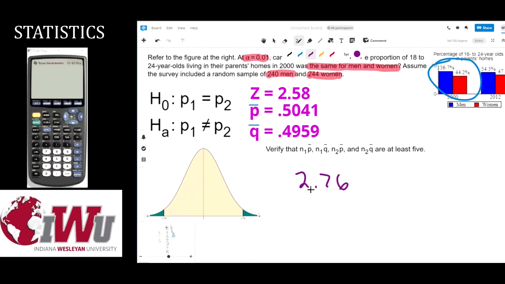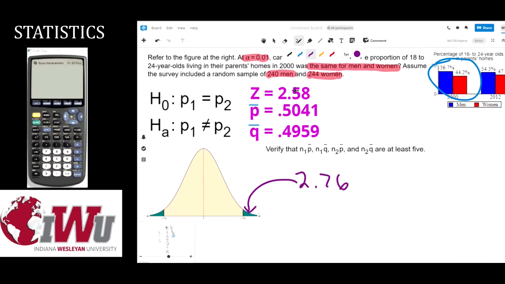So what does this mean? 2.76. Well, this would be over here in that rejection region. So in this situation, the test statistic is in the rejection region. And since it is in the rejection region, we have enough evidence to reject the claim.